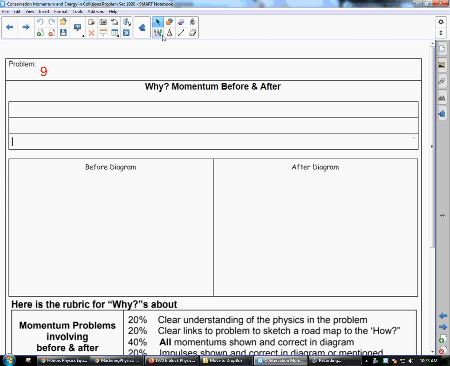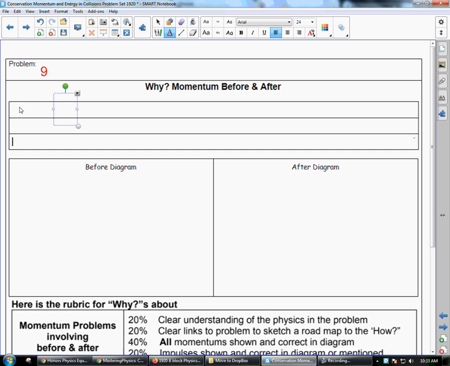I'm going to actually write that in here just to remind myself. That's too big of a font. Do that in 24, that's better. So, perfectly inelastic collision.